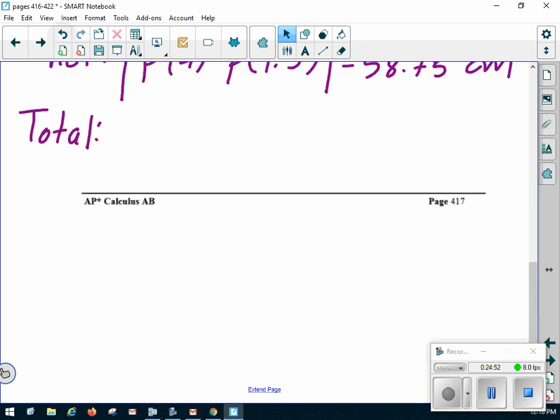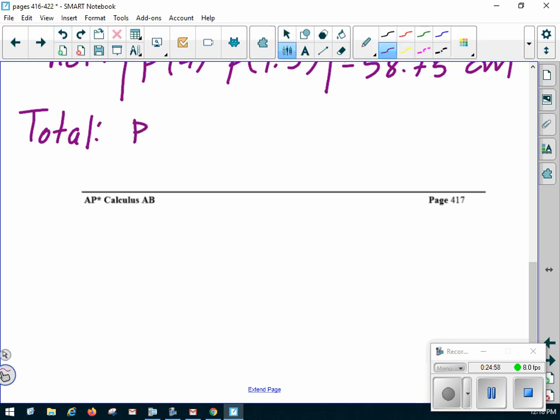Why do I do that all the time? P of t. If you looked at the position function, you would see that that's always true.